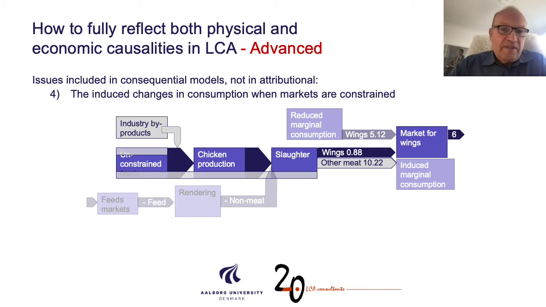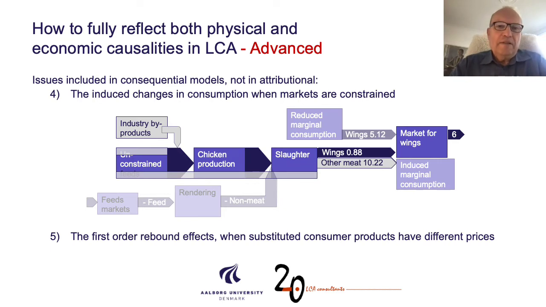Now, of course, it doesn't have to be the same consumers that eat the meat that have given up eating the wings. But these changes in marginal consumption are included both in terms of the induced marginal consumption and the reduced marginal consumption in the consequential modeling.